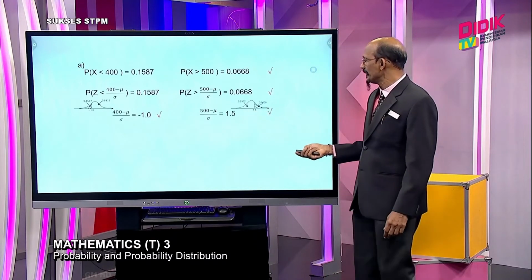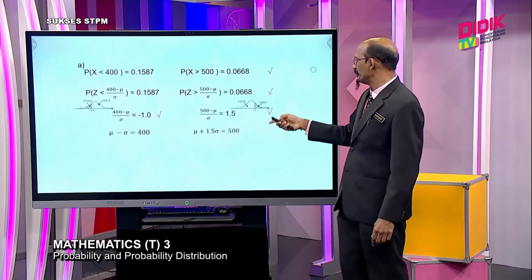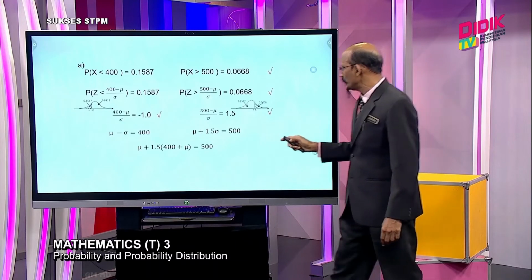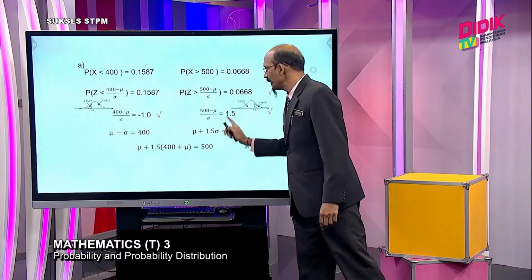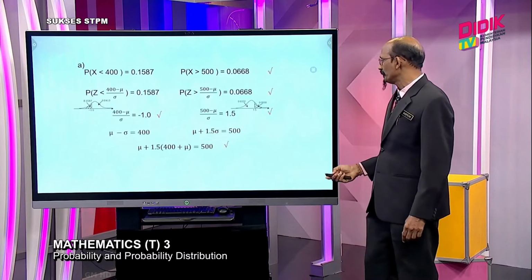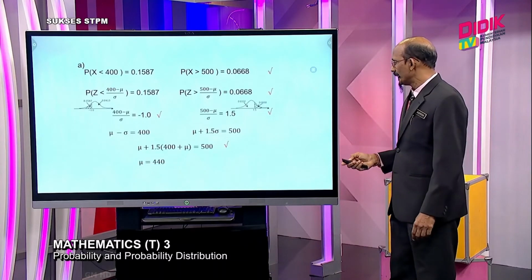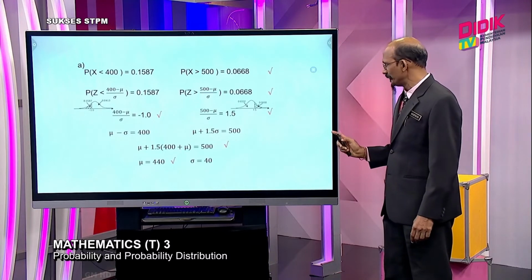So you got 2 equations, and they need to rearrange the equations. From here, we rearrange. We got 2 simultaneous equations here, so we have to solve the simultaneous equations. We show the method, then we come to our answer. Mu is equal to 440, and sigma is equal to 40.